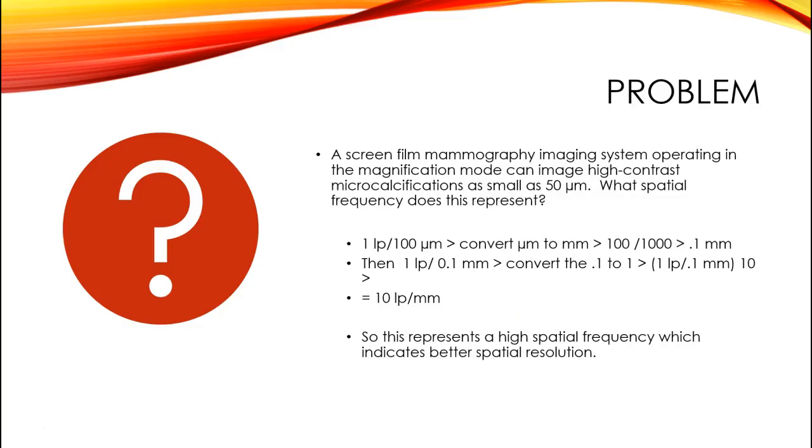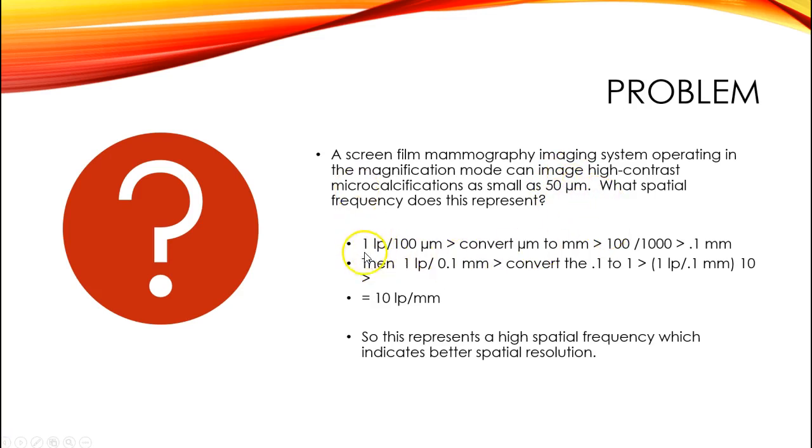Okay, here's another problem. A screen film mammography imaging system operating in magnification mode can image high contrast microcalcifications as small as 50 microns. What is the spatial frequency? We're going to convert this 50 microns into millimeters.